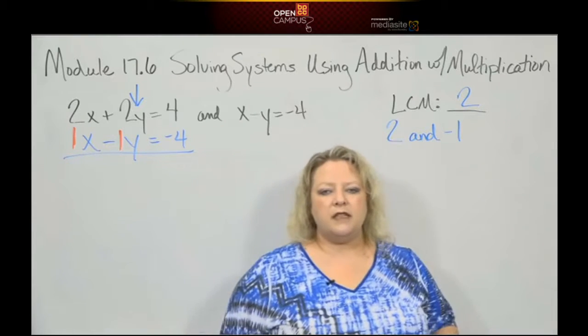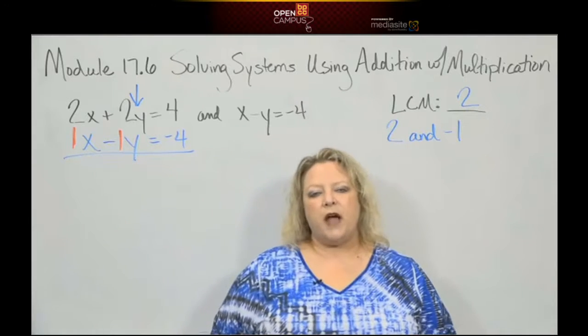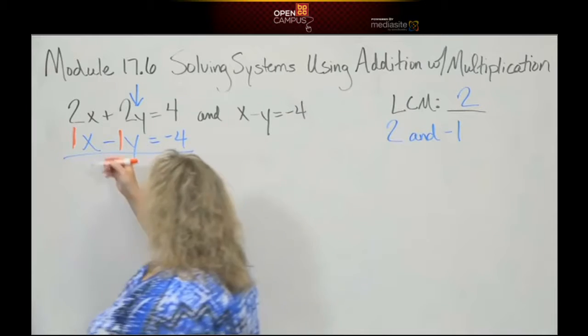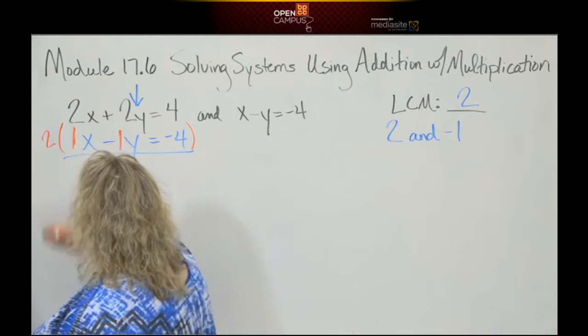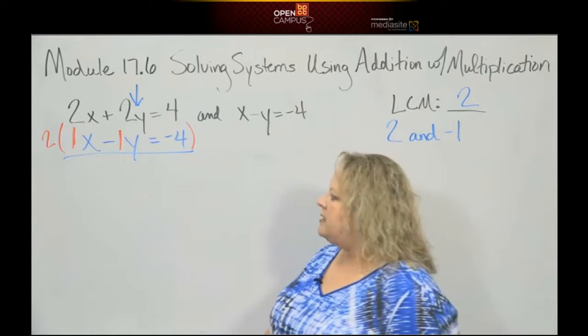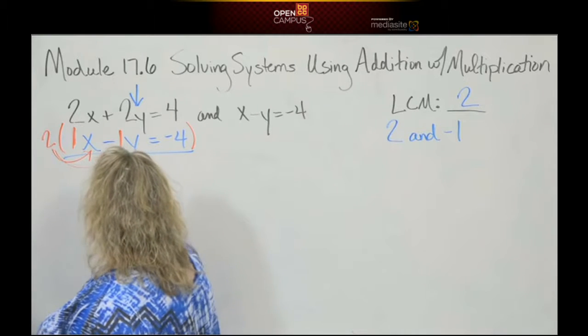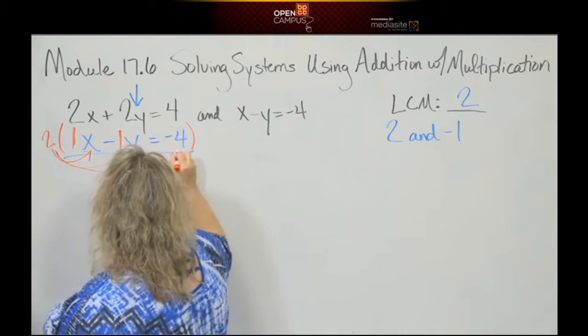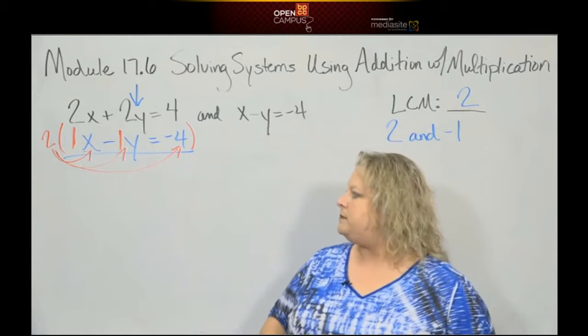Because that is my least common multiple, I have to rewrite this equation down here. I'm going to rewrite this equation by multiplying everything by 2. Distributive property is your friend when it comes to this. Just remember that when you distribute, you are distributing to every term in that equation.